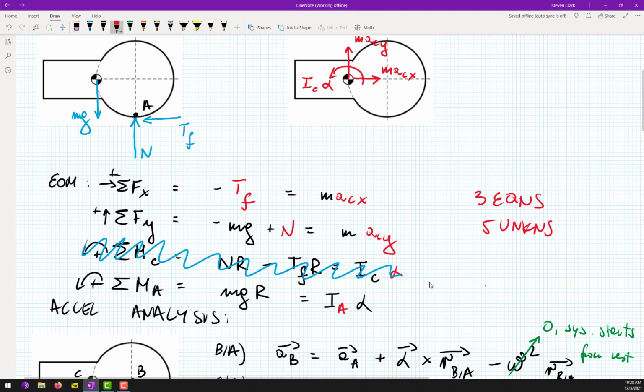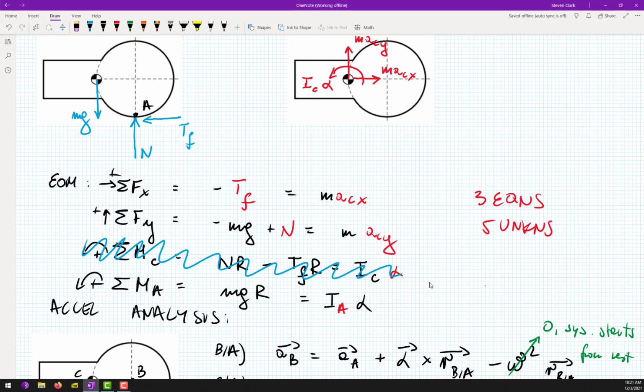It's not C anymore, it's A. So if you do that at home, and if you find this using Steiner's theorem or the parallel axis theorem, you'll end up with exactly the same answer we found during our discussion. If you would like to, you can do that at home.